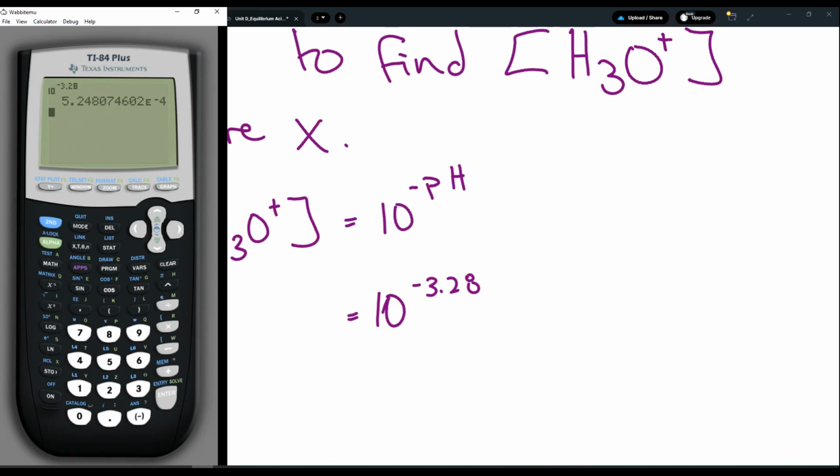So the concentration of hydronium is going to be 5.2480, goes on forever, and then times 10 to the power of negative 4. Again, the most common mistake with recording numbers like this is that students forget to write the times 10 to the power of whatever exponent it is.